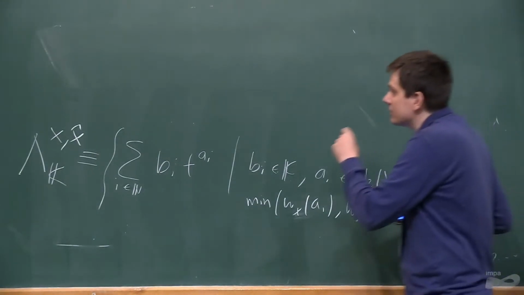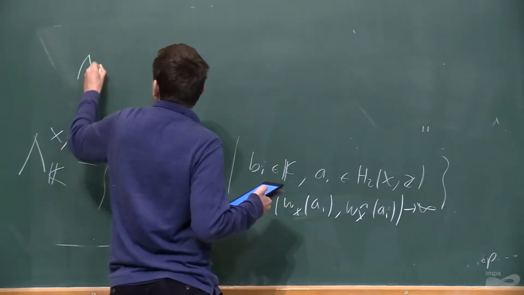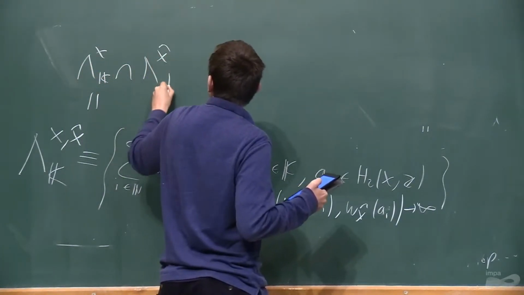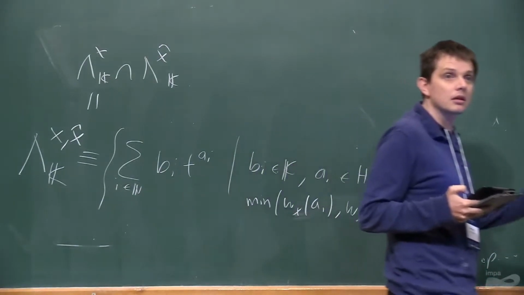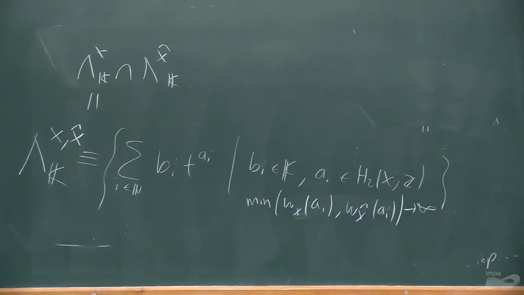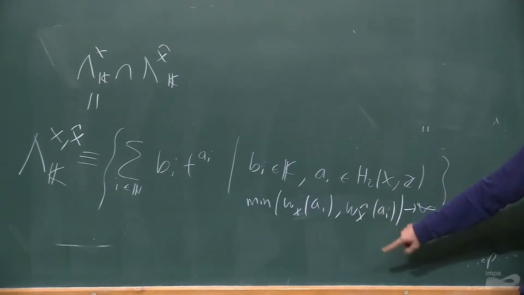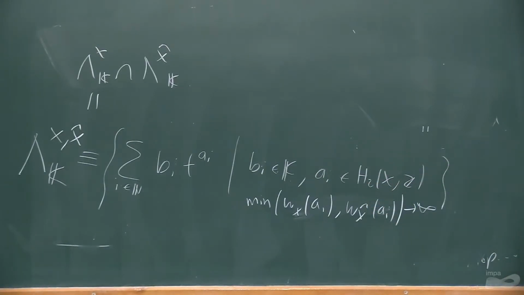So if you think about it, this is the intersection of these two Novikov rings, like this. And as I said, I've identified these H2 groups, so I can pair it like this.